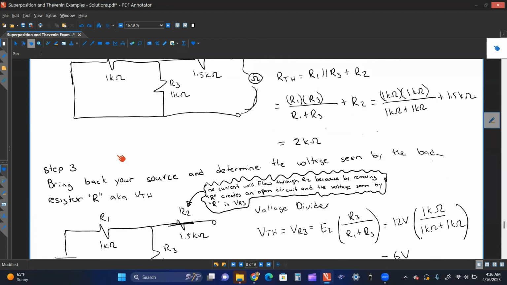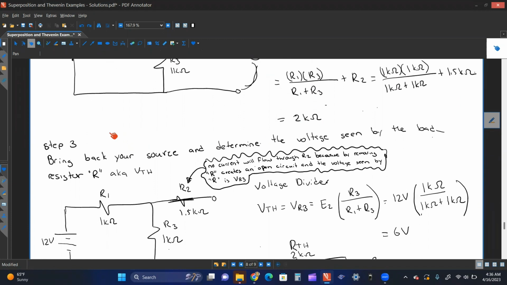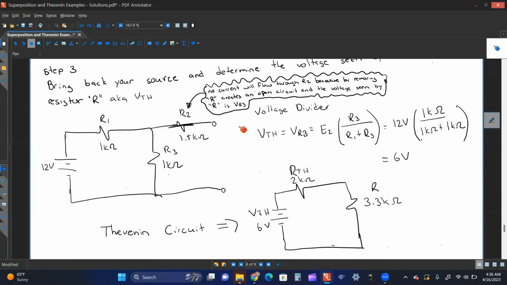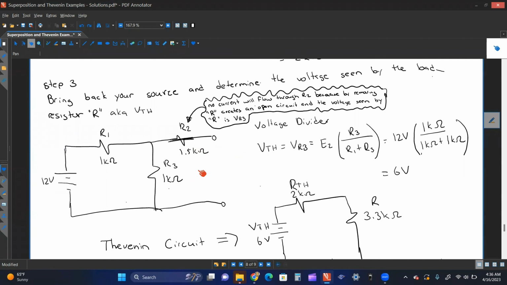All right, so for step 3, you want to bring back your source and determine the voltage seen by the load, and it's essentially similar to what we did before. So no current. If you imagine yourself taking a voltmeter and measuring the voltage at the two terminals, the voltmeter is not going to read anything from R2 because it's not going to have any current flowing through it. So pretty much it's just not even there.